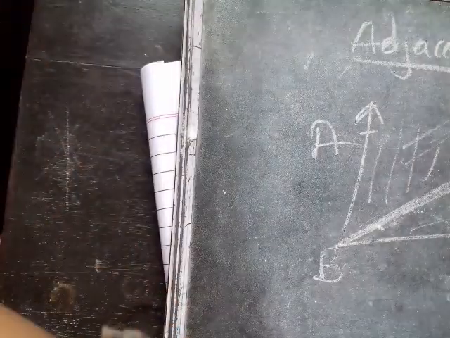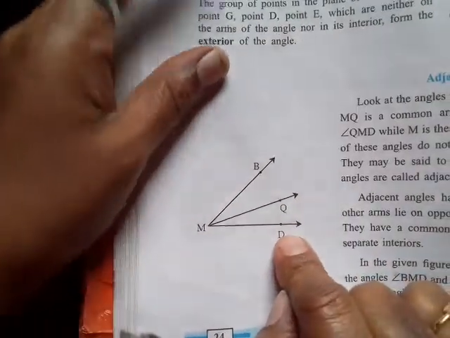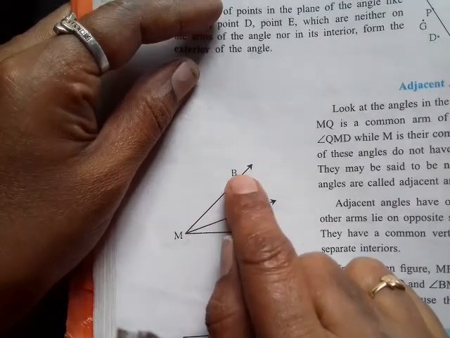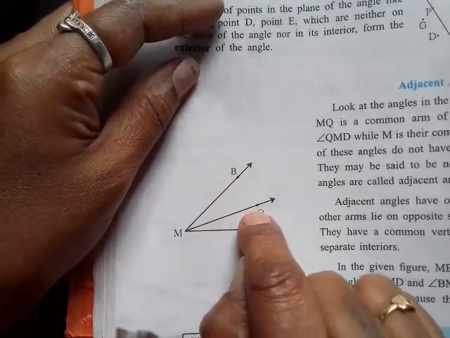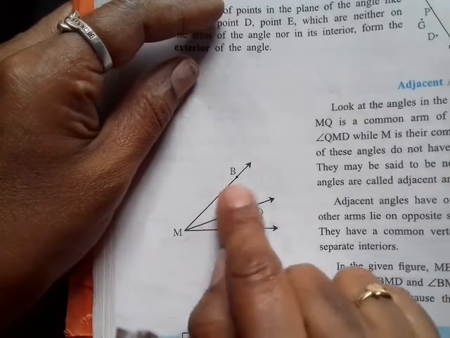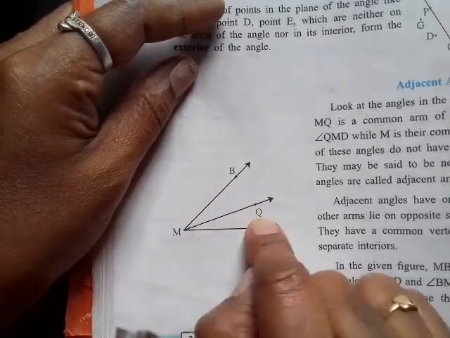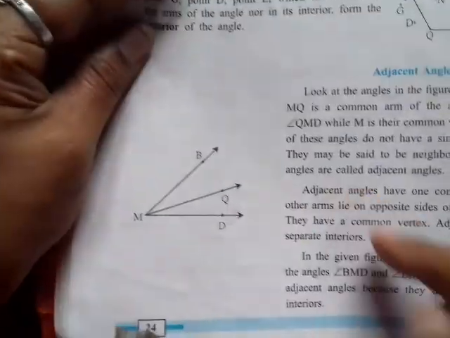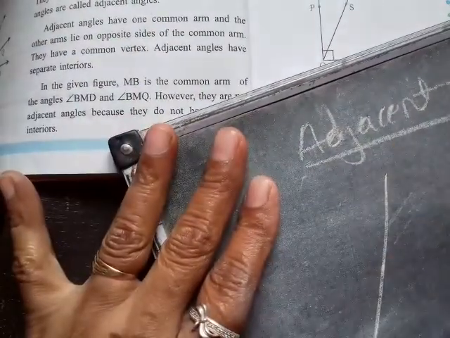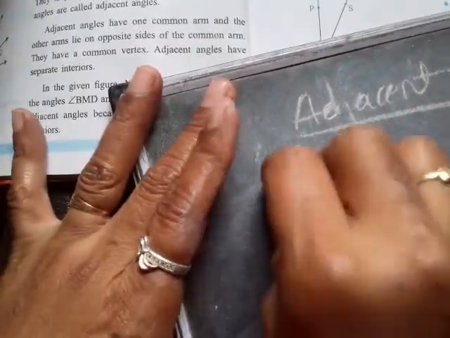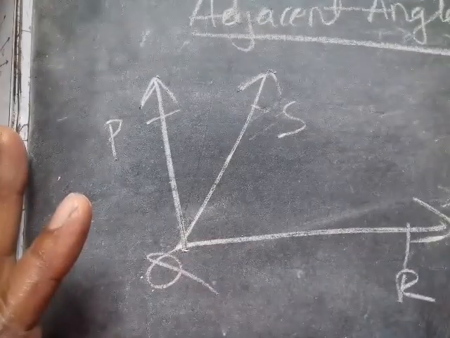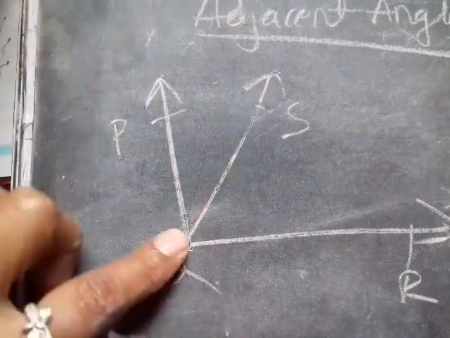If we see this figure, MQ is the common arm, but if you say angle BMD and QMD, BMD has the complete interior part and QMD lies within it, so these two will not become adjacent angles. Now suppose I take P, Q, R and this point S. Which two adjacent angles are there? PQS and SQR. Why?